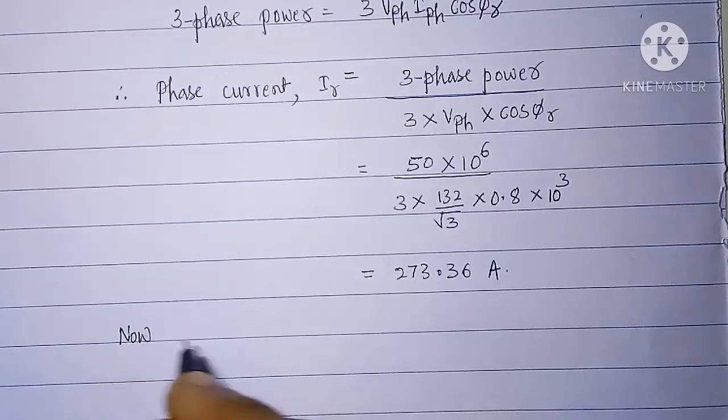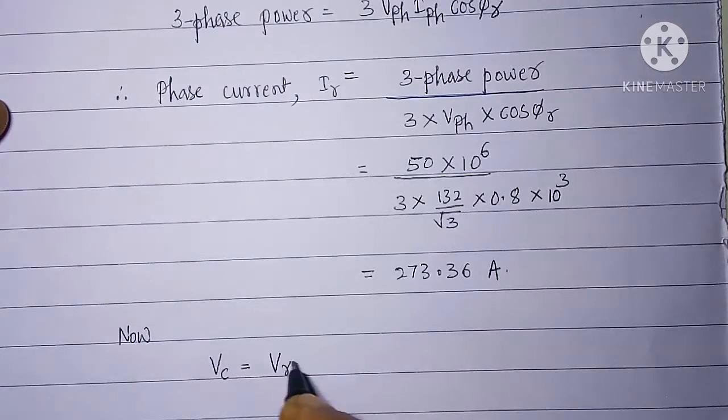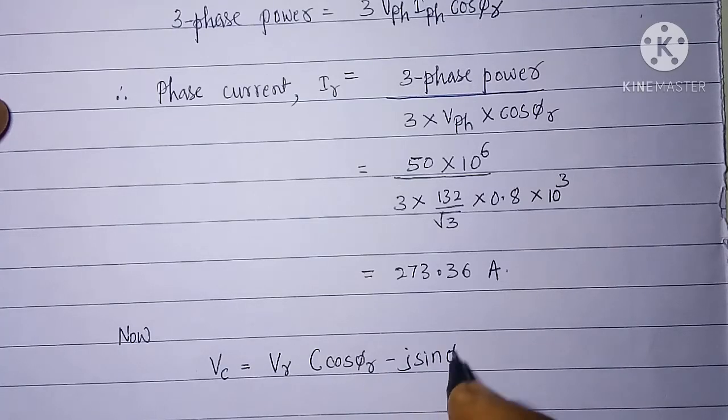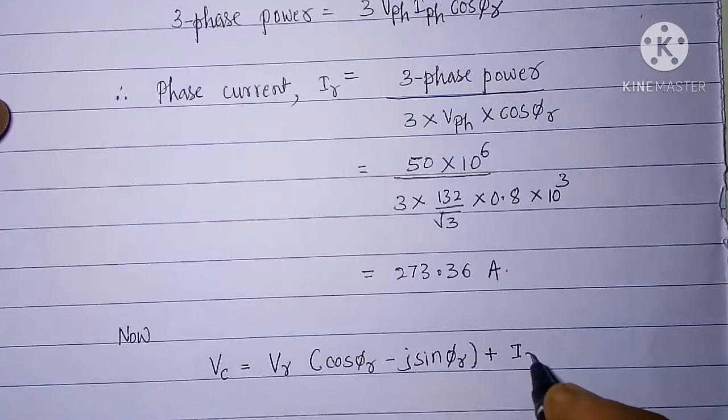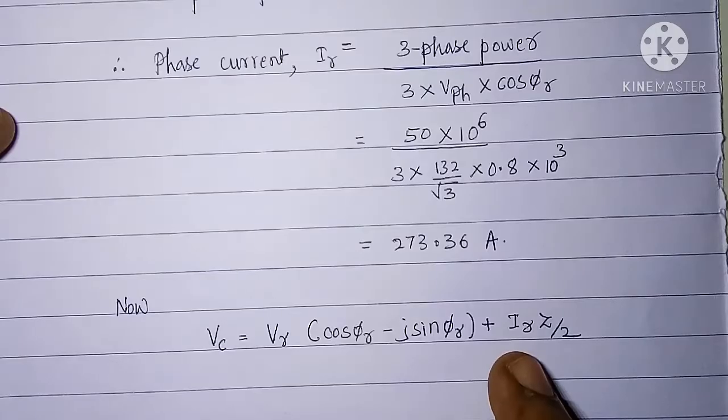Now, VC is equal to VR into cos phi r minus j sin phi r plus IR into Z by 2, the drop in half the line near receiving end.